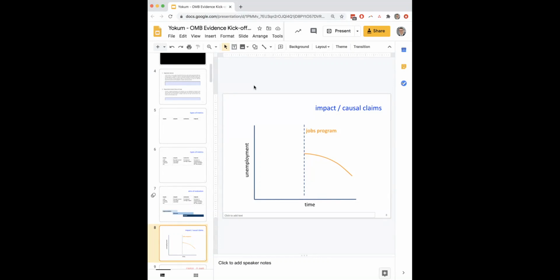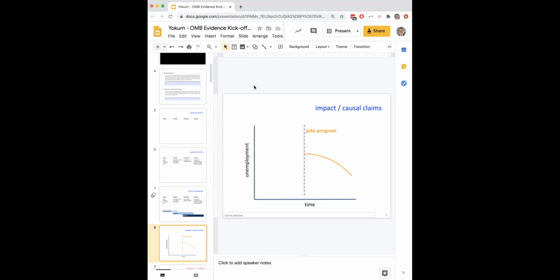I'm showing you here some hypothetical data of a jobs program that's being implemented at some point in time, and plotted in with the line is the percentage of unemployment. And an outcome metric of looking at something like unemployment rate over time would show a line like this. And the temptation, what's very easy to slip into, is looking at an outcome like the unemployment rate over time and wanting to slip quickly into an assessment or an inference that it was actually caused by the jobs training program that you had.